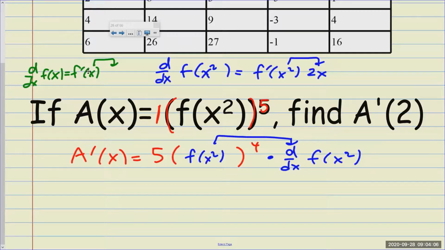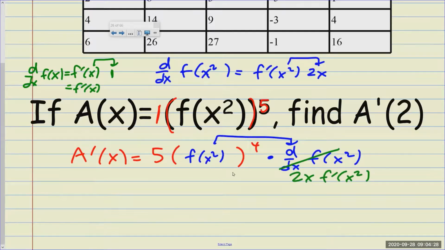What's the derivative of x? 1. And so we never talked about multiplying by 1. Does that make sense? But you really did. This was actually f prime of x times 1, which just turns out to be f prime of x. But this is f prime of x squared times 2x. Do you see that? So this becomes 2x times f prime of x squared.